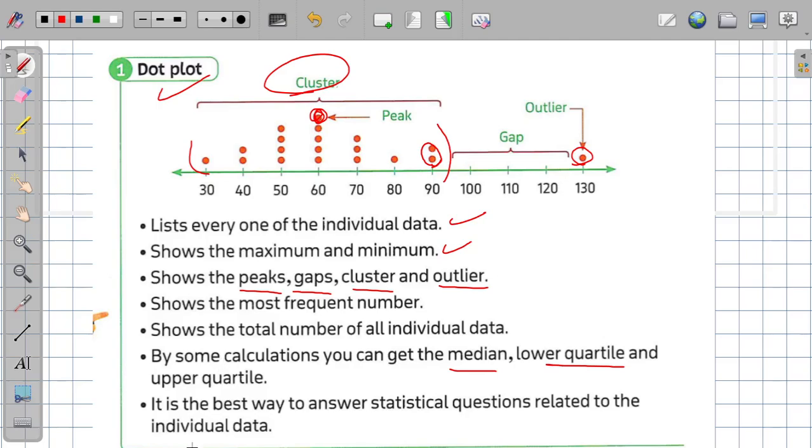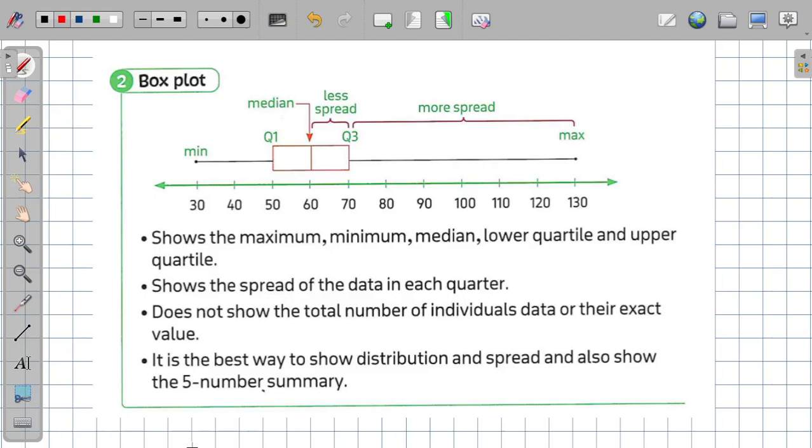Okay, the second way to represent data is the box plot. Box plot is like we draw a line and we draw a box inside it. The first point of the line is the minimum value, and the last point of the line is the maximum value.